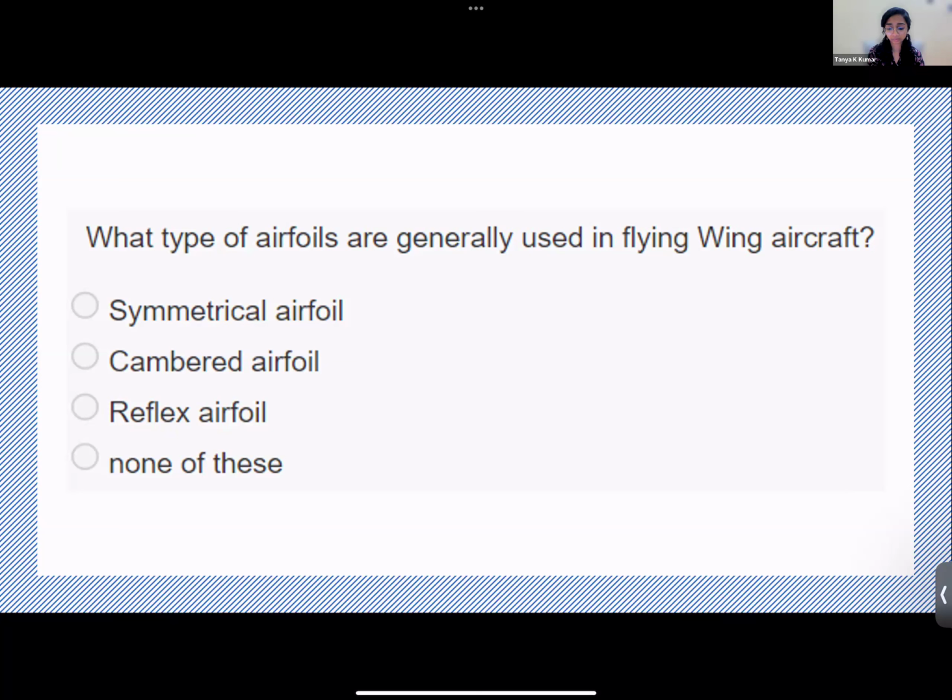Why cambered? If you think it's cambered, or symmetrical, or whatever your answer, can you try to justify it?